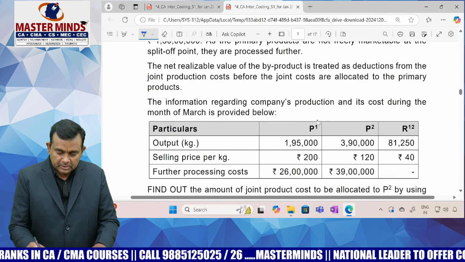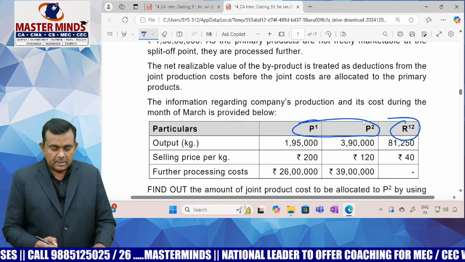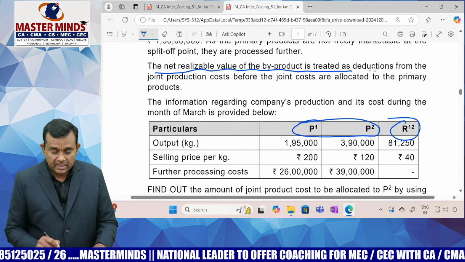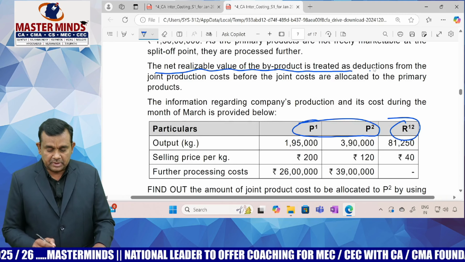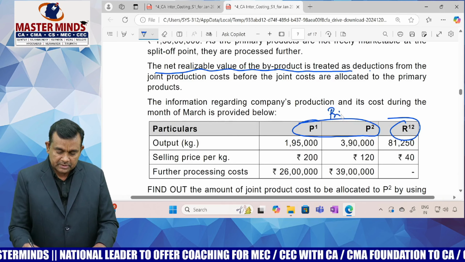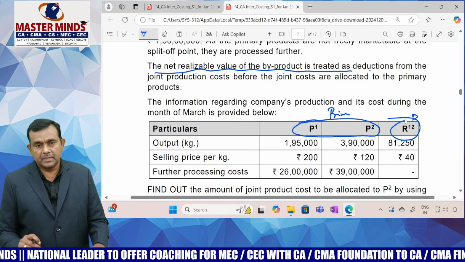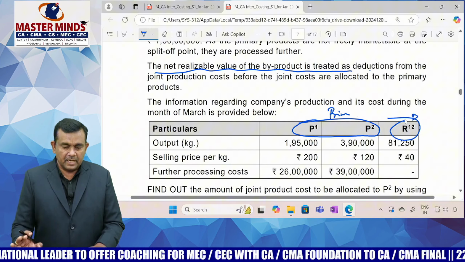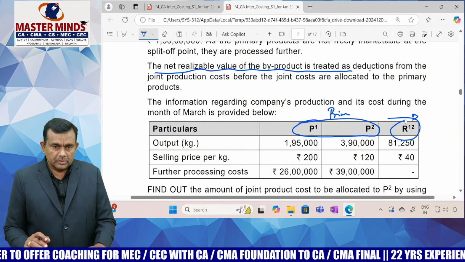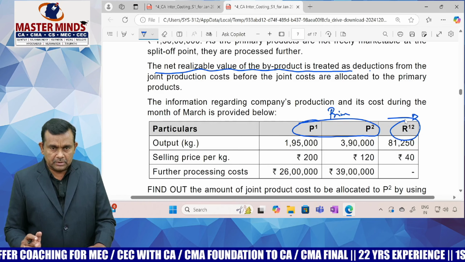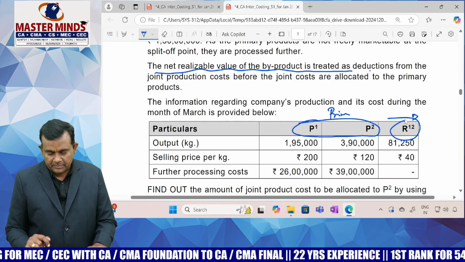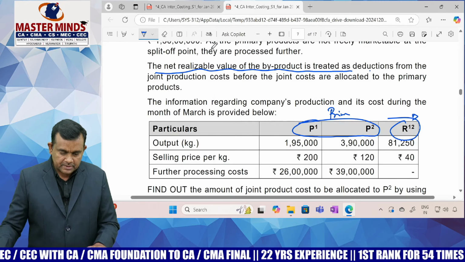Net realizable value of the byproduct is treated as a deduction from the joint production cost before the joint costs are allocated to primary products. These 2 main products are primary products. This is the byproduct. So first of all, calculate the net realizable value of the byproduct, then deduct it from the total joint cost. The remaining amount shall be apportioned to primary products P1 and P2. So see the printed solution.